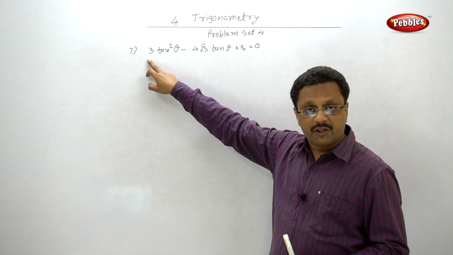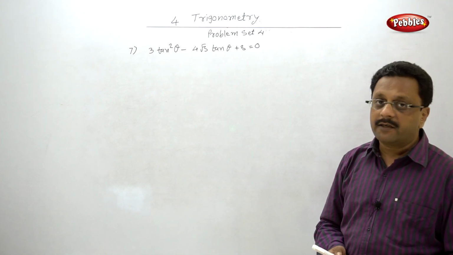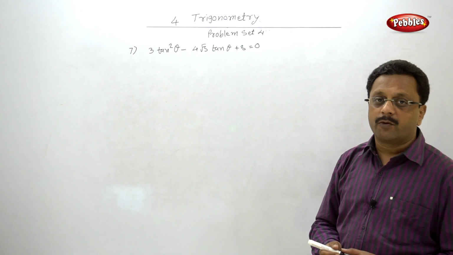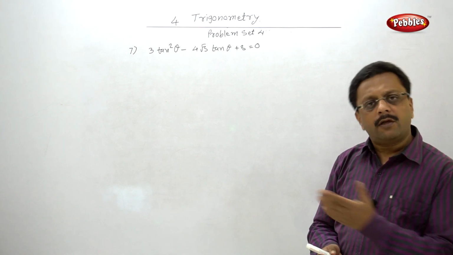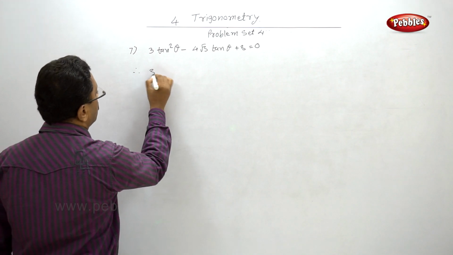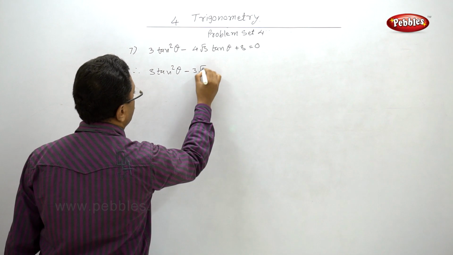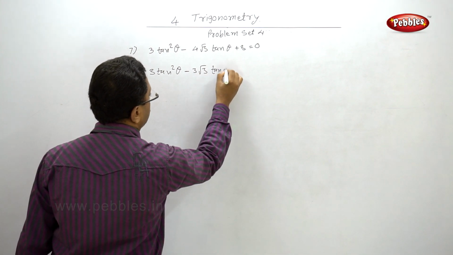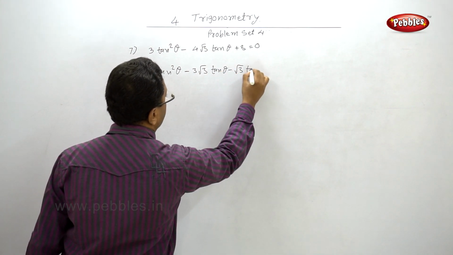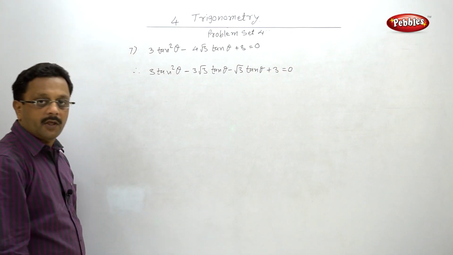So we want multiplication 9 and addition minus 4 root 3. Correct? Whose addition will be minus 4 root 3? Minus 3 root 3 and minus root 3. So here we have 3 tan square theta minus 3 root 3 tan theta minus root 3 tan theta plus 3 equal to 0. Correct?